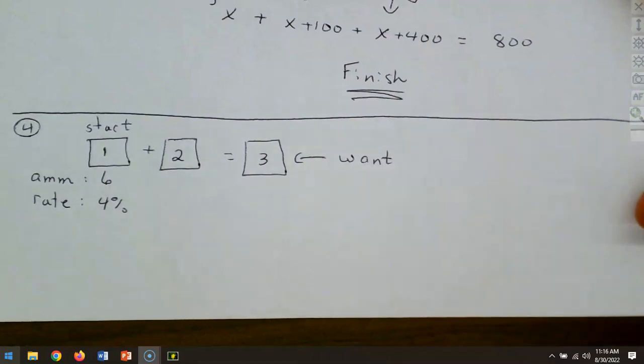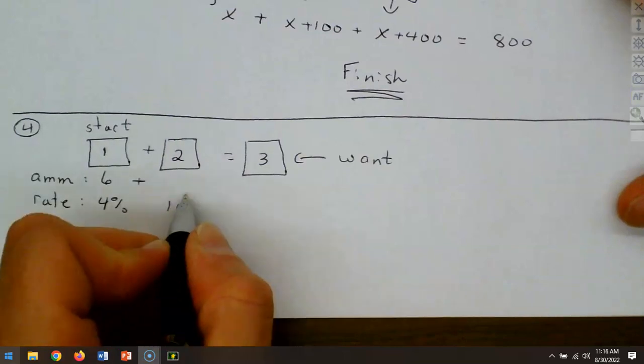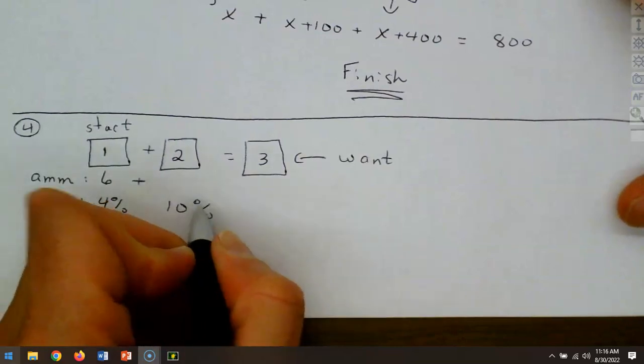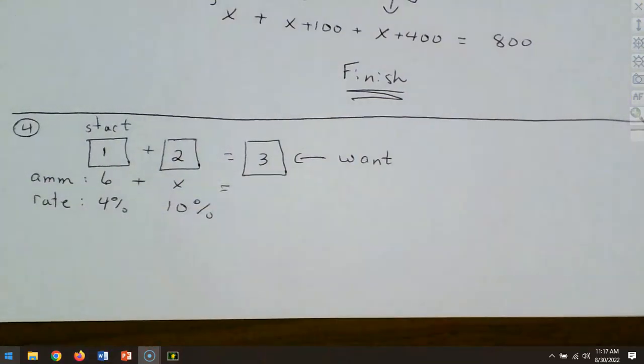Okay, is everyone okay with that so far? Now, what are we going to do with that? We're going to mix that with a what? Yep, we're going to mix it with a 10% solution. Now, do we know how much is in there? Yep, unknown amount, so we use an X there. We want to mix them together, and we want to get out what?